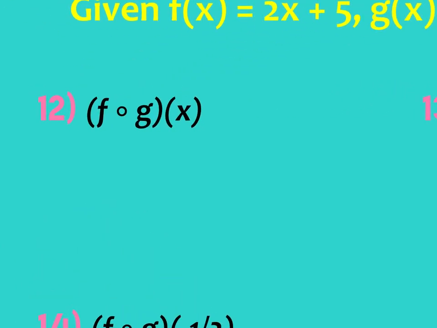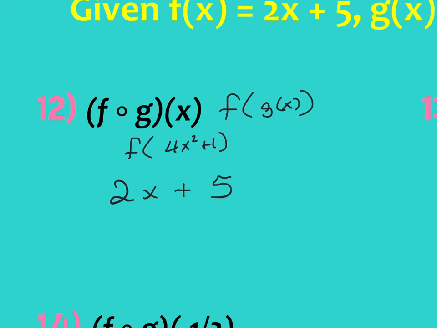So again, what we're doing is taking the f of x function and plugging in g of x for x. So really we're doing f of 4x squared plus 1. So if you want to write the f of x function down, now what we're doing is taking out x and putting this in its place.